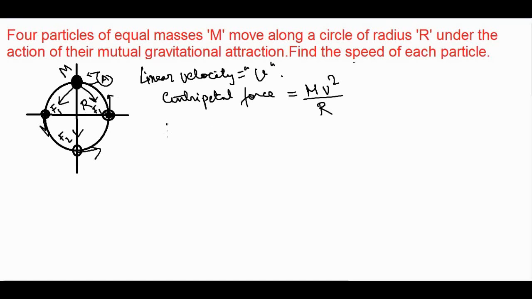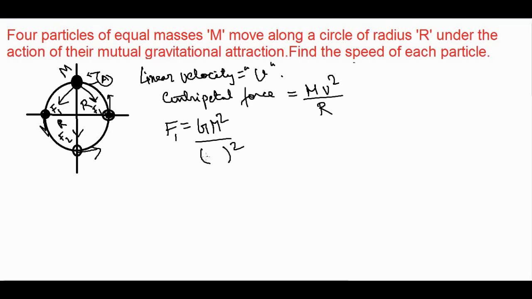So F1 is equal to G m m, which is G m square, by the distance between the particles whole square. This distance can be easily found by Pythagoras theorem.